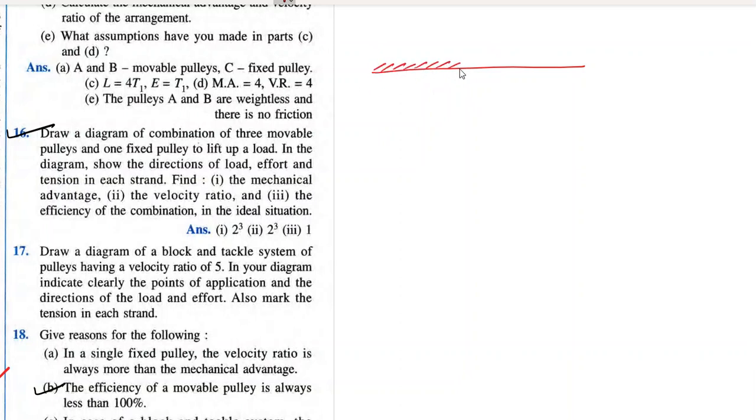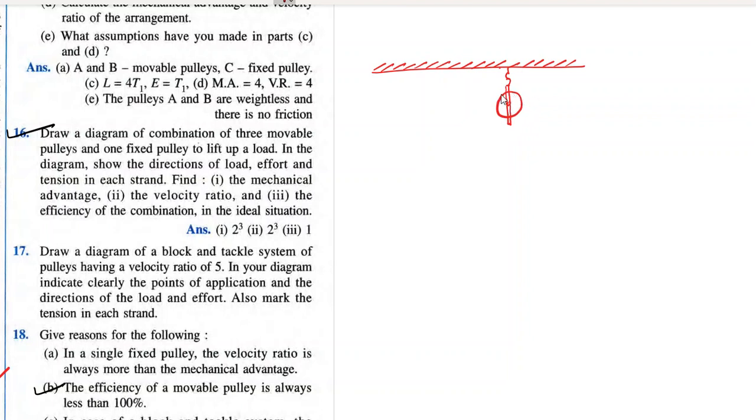So this is the rigid support with which all the pulleys will be hanged. Then you need to make a hook. With this hook, a single fixed pulley will be connected.